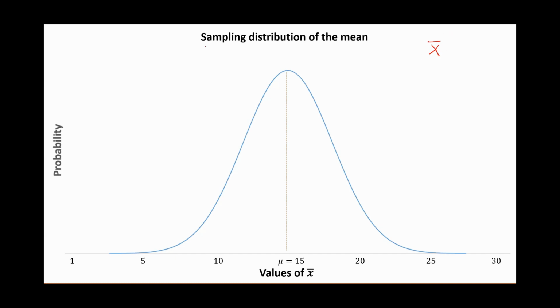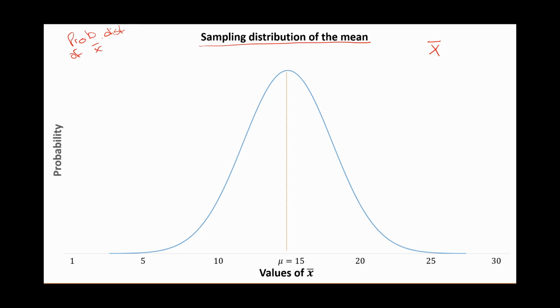We call it the sampling distribution of the mean. That is, the sampling distribution of the mean is the probability distribution of the sample mean.